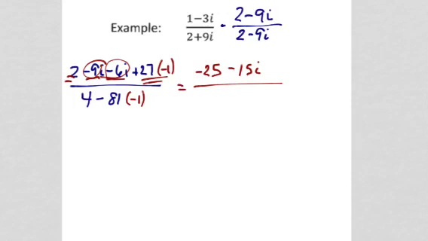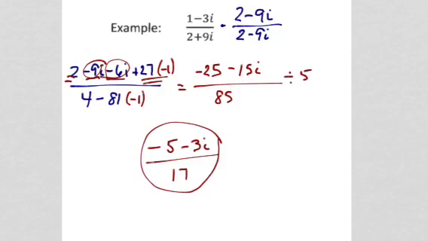Now my denominator: 4 minus, well, negative 81 times negative 1 is positive 81. So it's really 4 plus 81, which is 85. I see that all of these can be divided by 5. That gets me negative 5 minus 3i, and the denominator 85 divided by 5 is 17. And that is now reduced. No more i in the bottom.